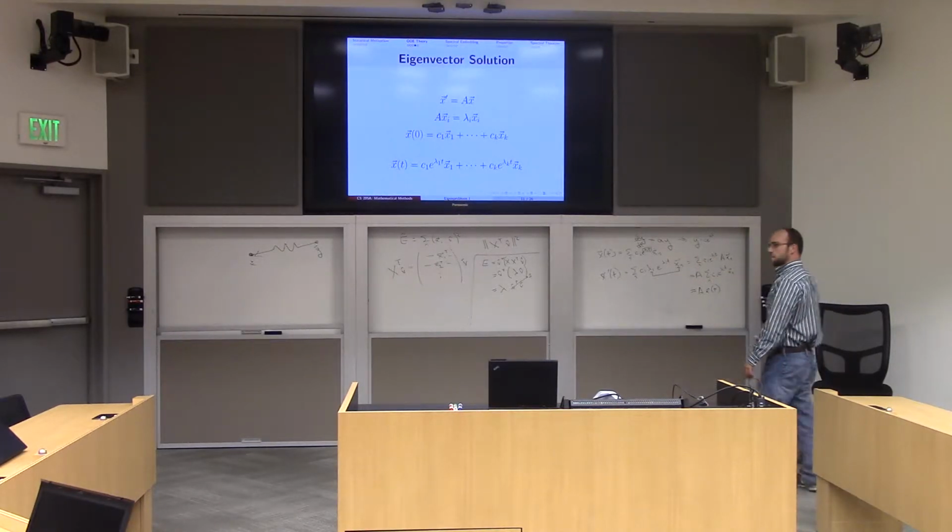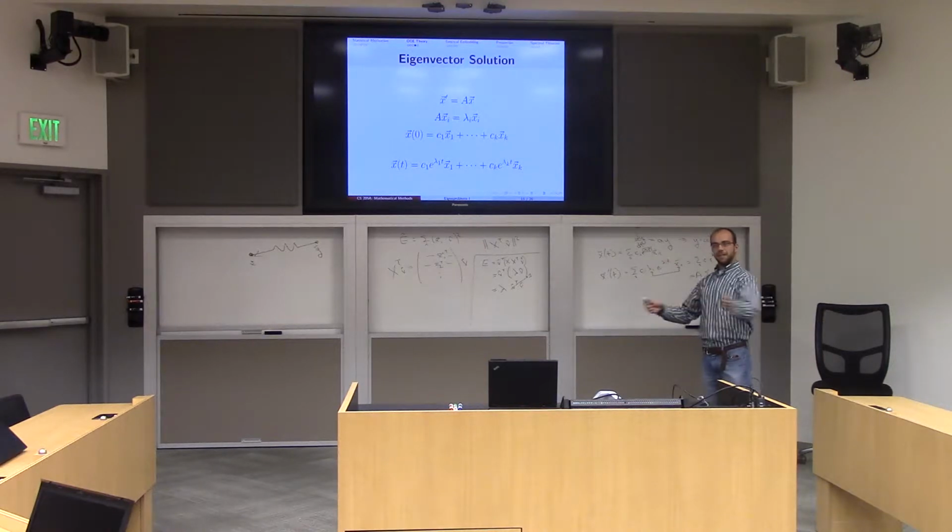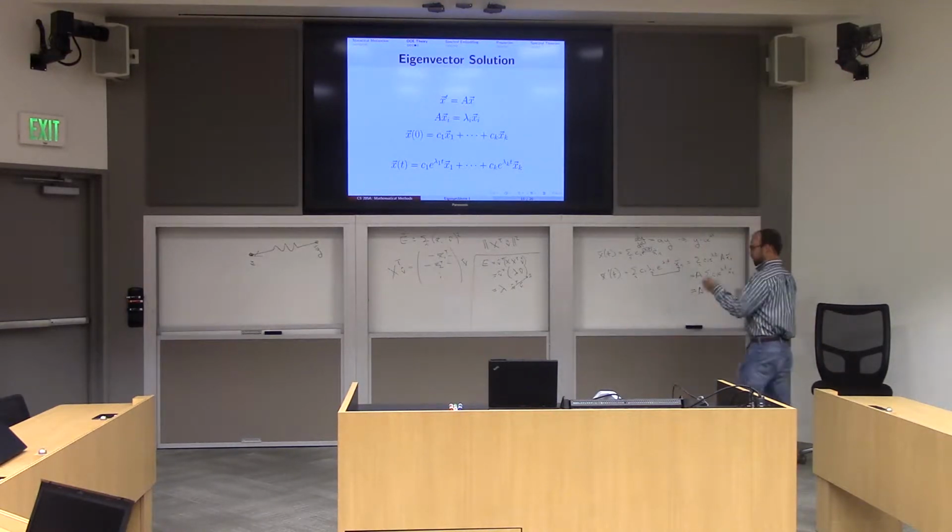By the way, I started with springs, and springs have this oscillatory behavior, right? Springs like to wobble. But it doesn't really look like that should be the case, because I got e to the lambda_i t here, and exponents tend to look like growing or shrinking functions, depending on the sign of lambda. So what does this suggest about the eigenvalues of this matrix A? They're complex.